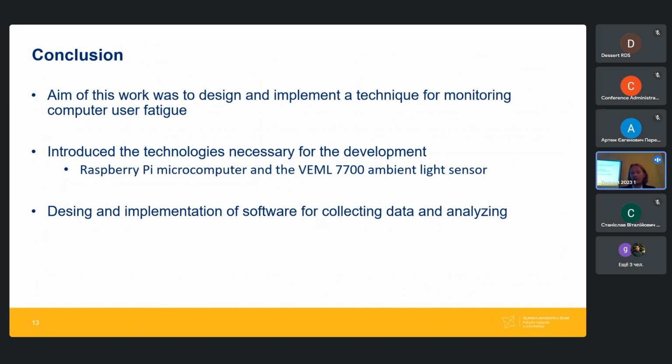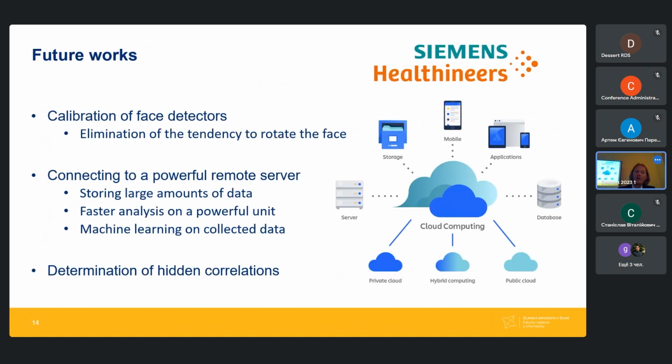We introduced the technologies necessary for development, the Raspberry Pi microcomputer and ambient light sensor, and designed and implemented software for collecting data and analyzing the computer user's blinking. Future work is calibration of the face detectors by eliminating the tendency to rotate the face or another point of view capturing the face, and connecting to a powerful remote server with a storage layer which can give us a store for large amounts of data, faster analysis, maybe real-time analysis, or machine learning computing on the collected data.